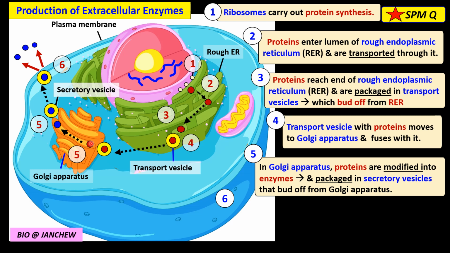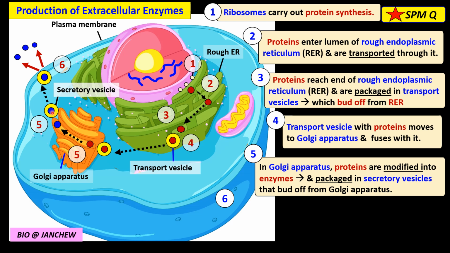So how are proteins modified? As an example, proteins can be modified by adding carbohydrates to them. Anyway, proteins are modified to form enzymes. We do not need to know what substances are added or how it is modified. And then they are packaged in secretory vesicles.